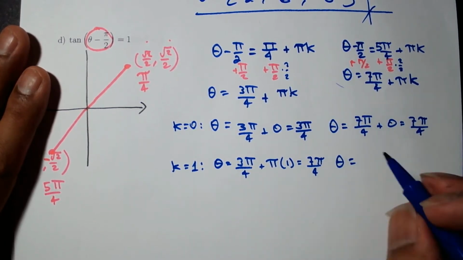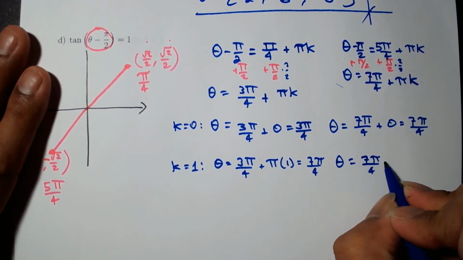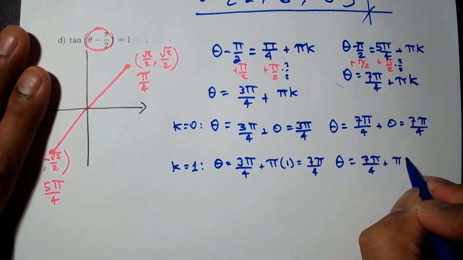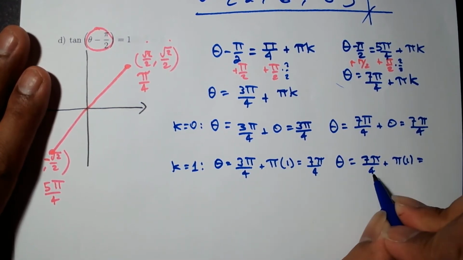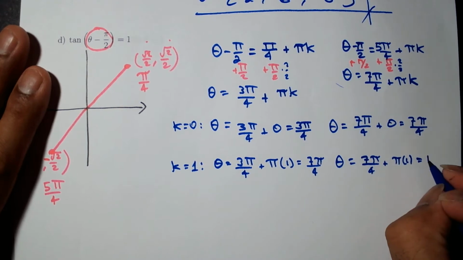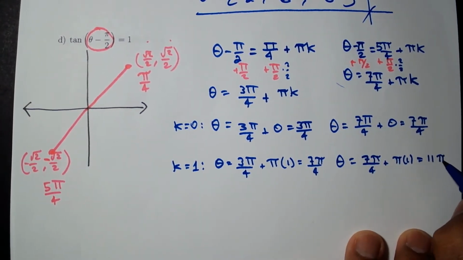And in this case, 7 pi over 4 plus pi times 1, same k equals 1, 1 times 4 is 4 plus 7, that's 11 pi over 4.